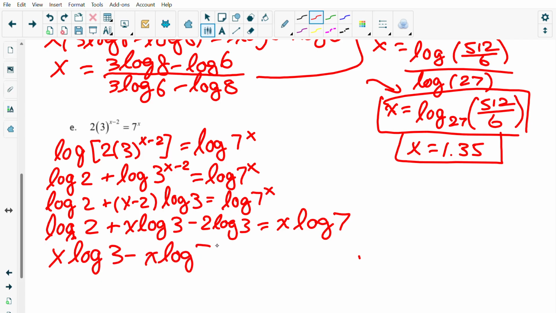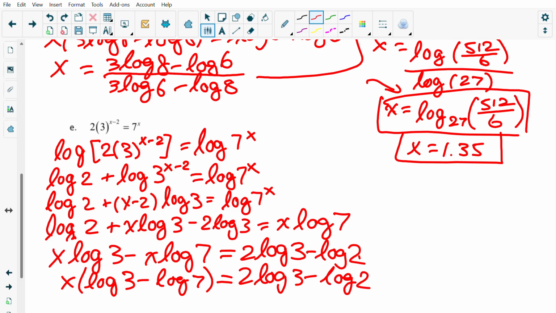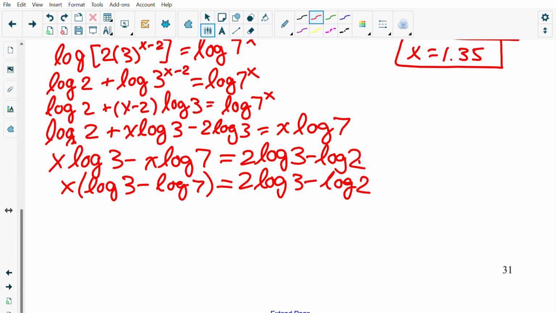Now collect the x's on both sides. x log of 3 minus x log of 7. So x terms on the left side, all the other terms on the other: 2 log of 3 minus log of 2. Okay. Factor out an x. x times (log of 3 minus log of 7) equals 2 log of 3 minus log of 2.